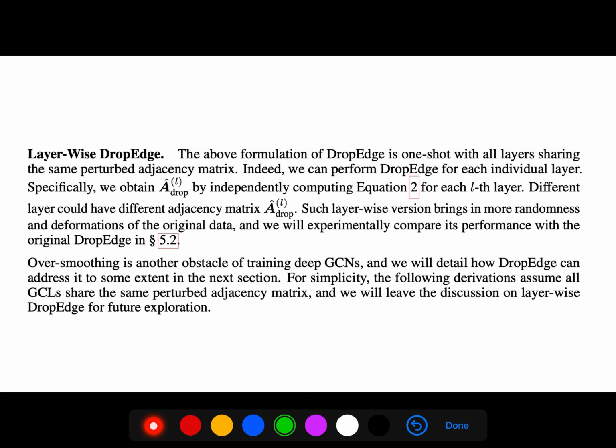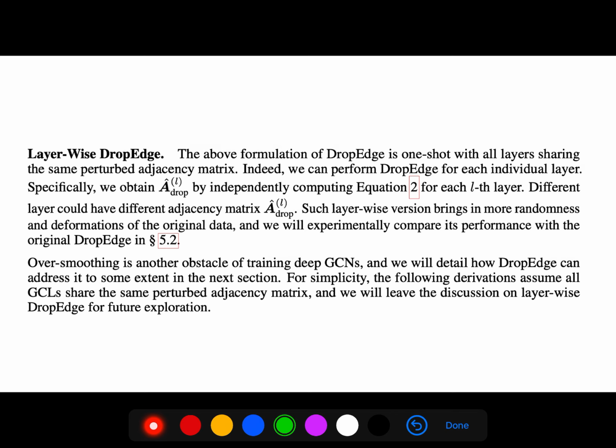Okay, so we can do it layer-wise. The previous version is one shot, with all layers sharing the same perturbed adjacency matrix. We can instead perform DropEdge for each individual layer. Specifically, we obtain A hat drop by independently computing equation 2 for each l-th layer.